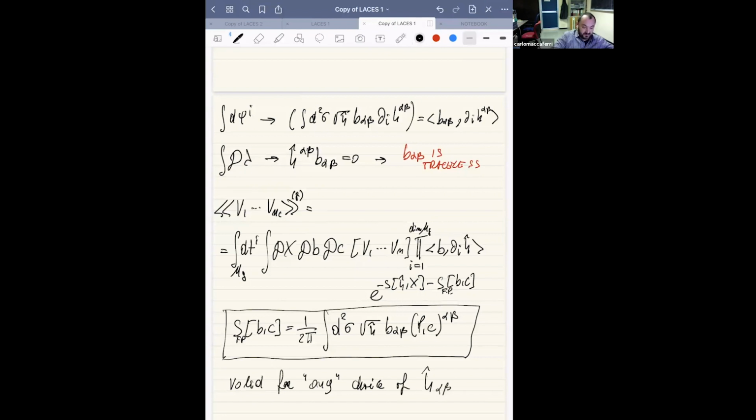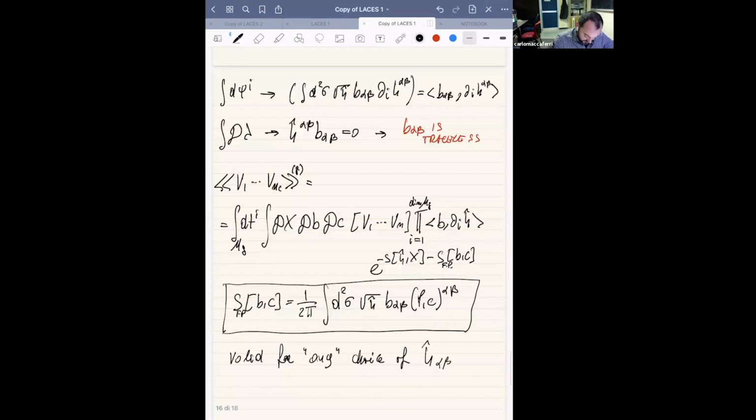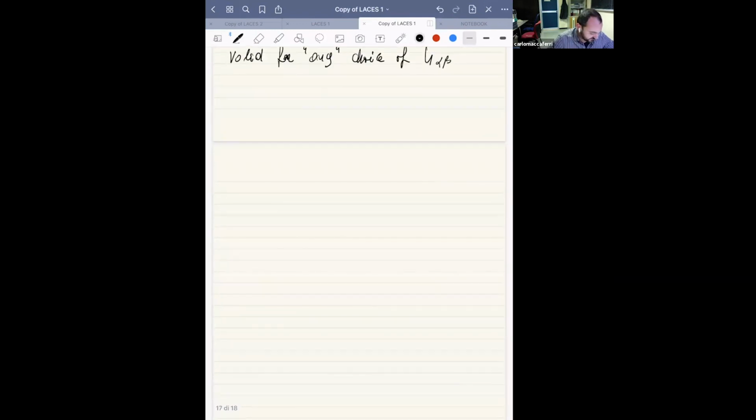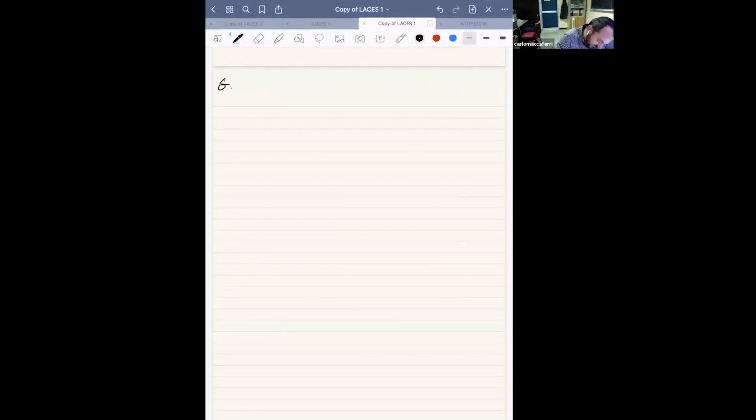Now, as usual in any gauge theory, there are gauge fixings that are more convenient than others, and the same is true here, of course. So what is the gauge fixing that we like very much in string theory? The one that we like very much is the so-called conformal gauge.